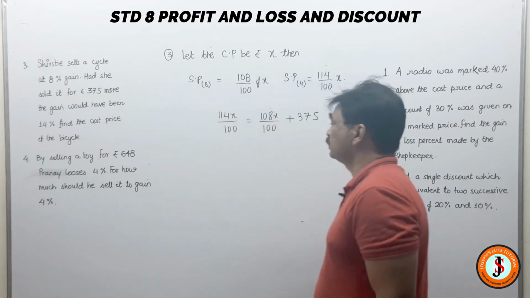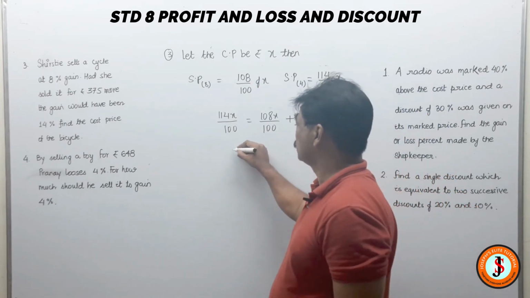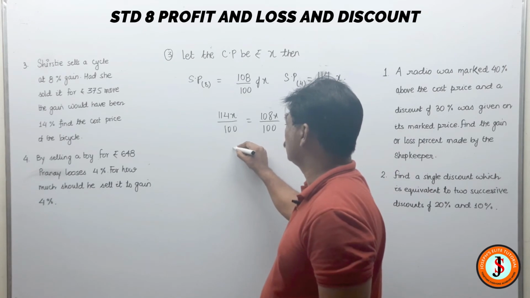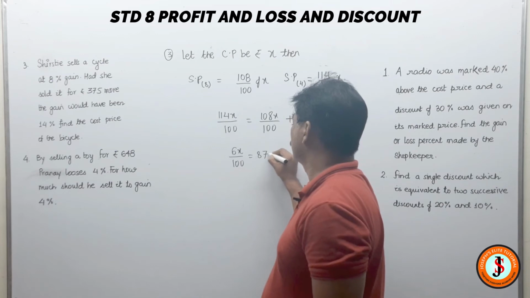So this goes to this side, then it is 114 minus 108. That is how much? 6x by 100 is equal to 375.